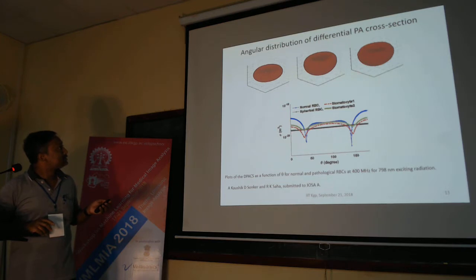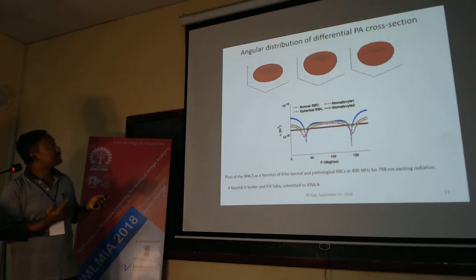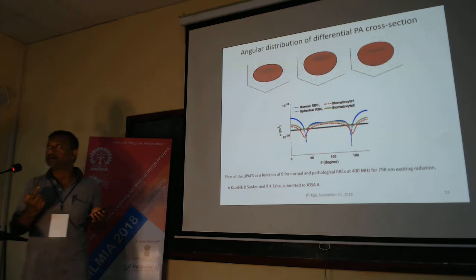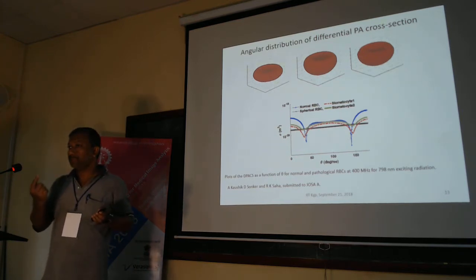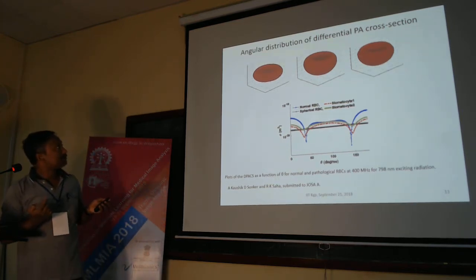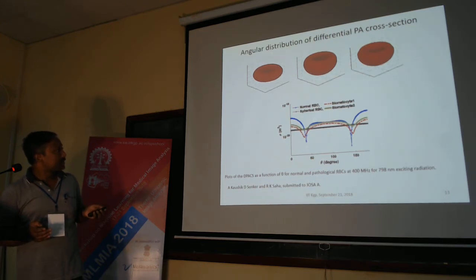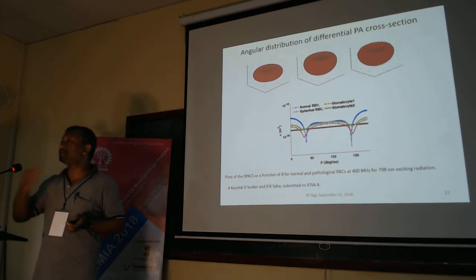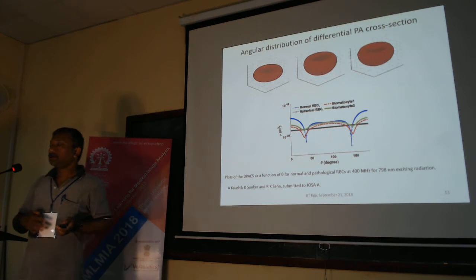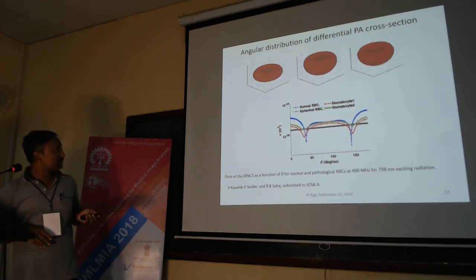And you see the z axis is our theta equals 0, and from that we count our theta, and pi by 2 is here. So this is the polar angle. And you see that we see a dip here, and it appears at about 40 degrees. But for stomatocytes, for diseased or damaged cells, they appear slightly earlier. So we submitted a paper here.